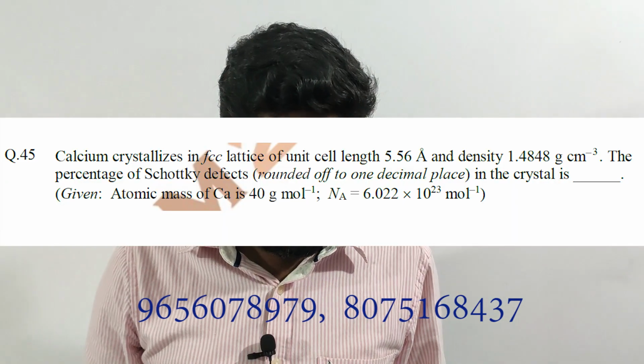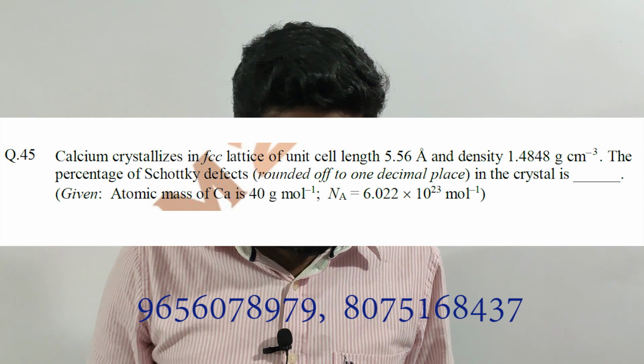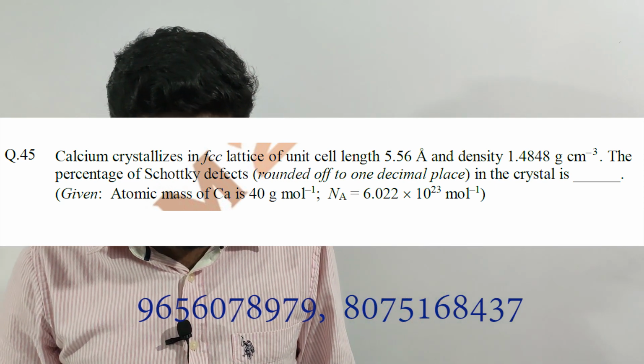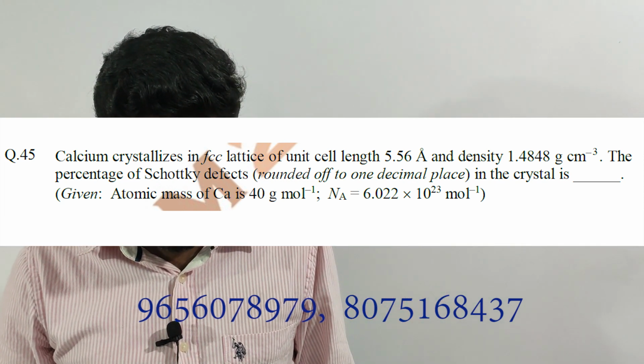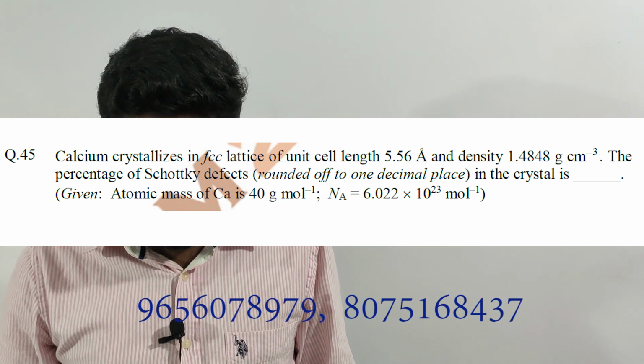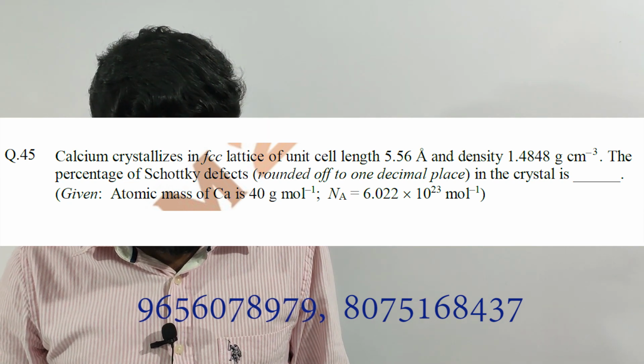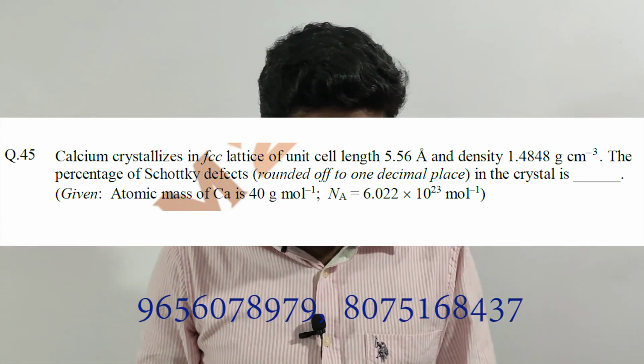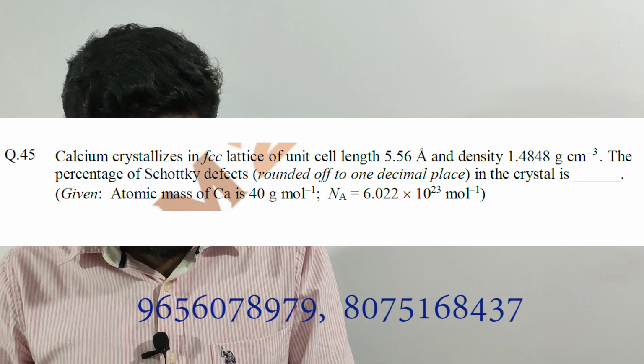Question number 45. Calcium crystallizes in an FCC lattice of unit cell length 5.56 angstrom and density 1.4848 gram per centimeter cube. The percentage of Schottky defect in the crystal is?